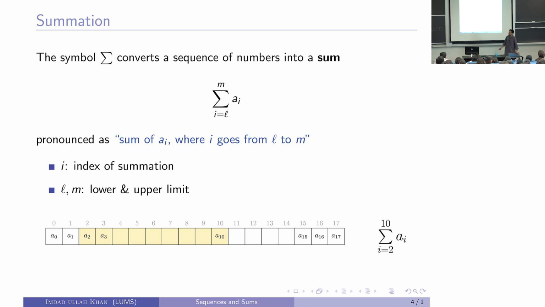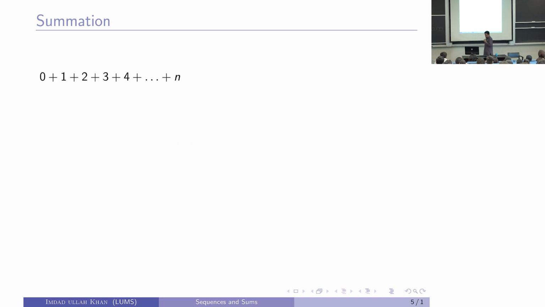Is summation clear? So let us see, I have this thing. How would I write this in summation? We know the basic arithmetic method, just like the binary operation in the usual arithmetic we do. How would you write this? Yes, it's summing from 0 to n of i.